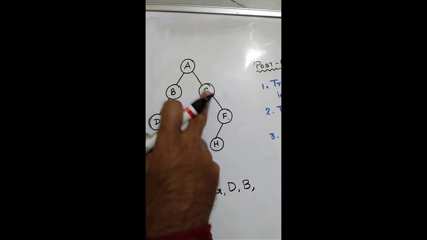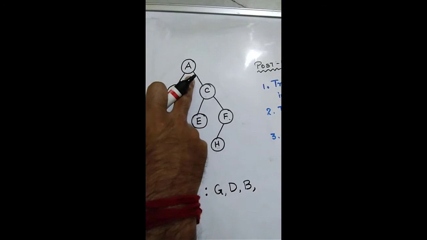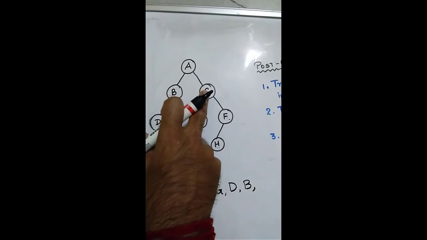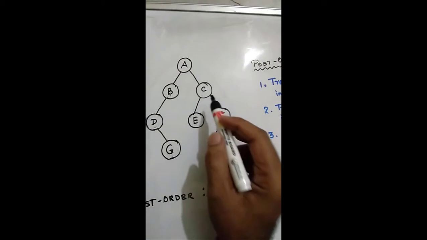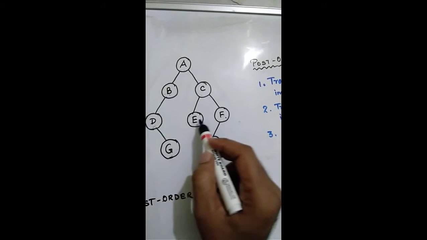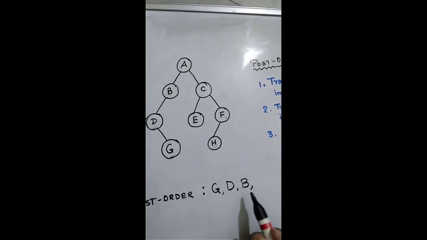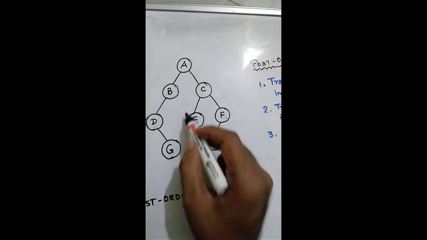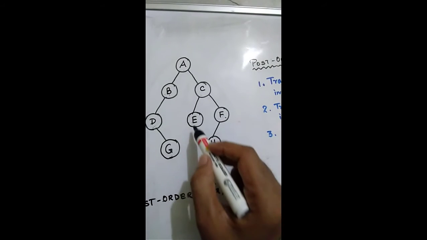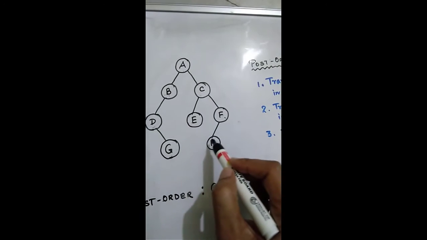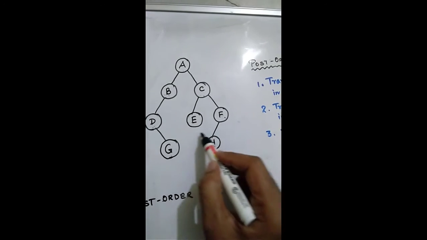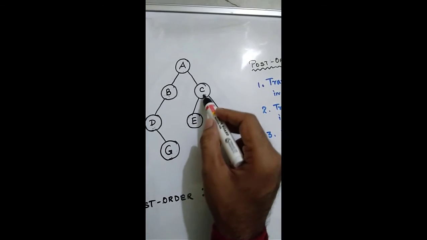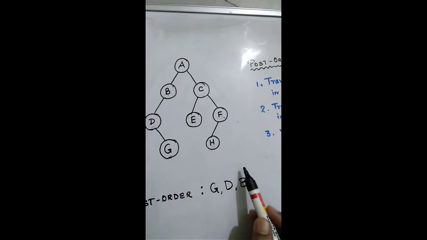While traversing the right subtree, the first node is C. C has two children, E and F. So we are considering only this part for the right subtree, and here C is the root which has left and right children.